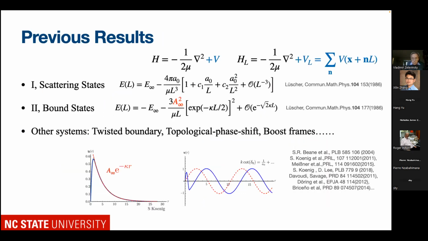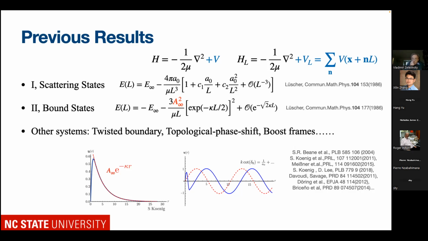The previous results about finite volume methods are basically twofold. First, they perform calculations on short-range potentials, and the short-range potential in the finite volume box tells us about the interactions in the infinite world. There are two main categories: one is for the scattering states, and the other is for the bound states.